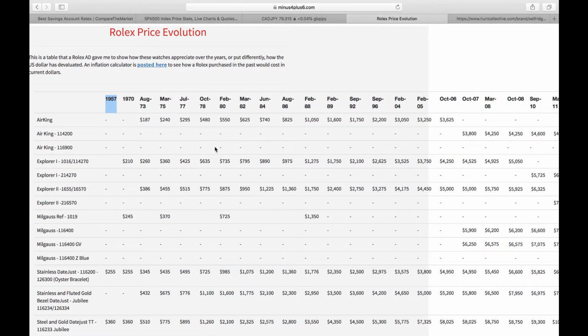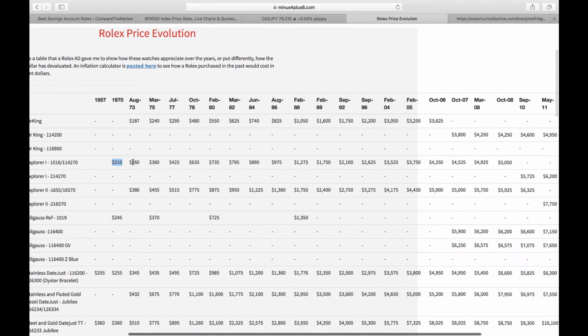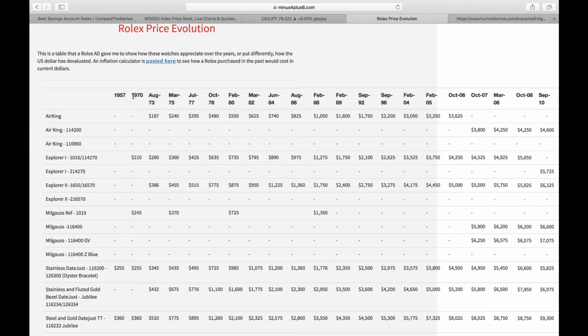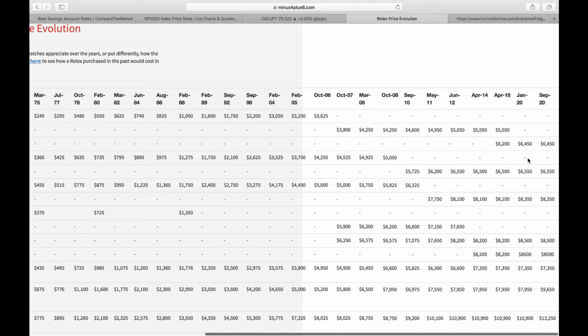For example, if we start with the Explorer 1, 1970, worth $210, still a very nice watch, quite expensive, especially back in that day. Money was worth a lot more back then. But if we go across, it's 2008, they don't make them anymore, discontinued, $5,000, and it continued to grow.